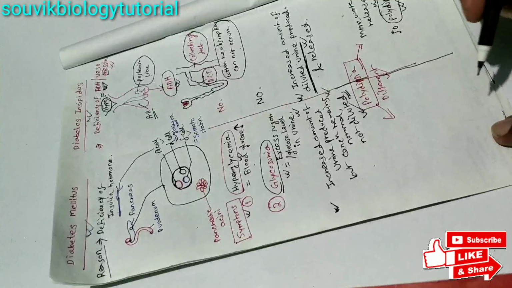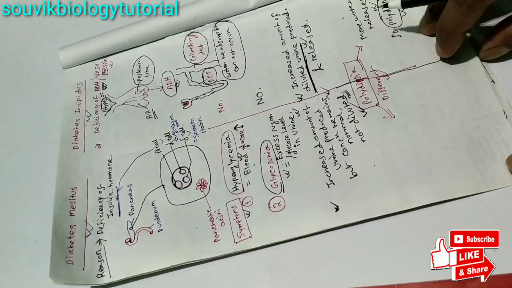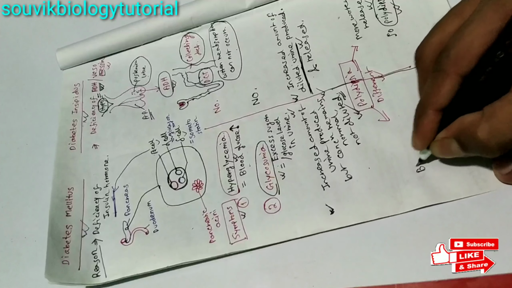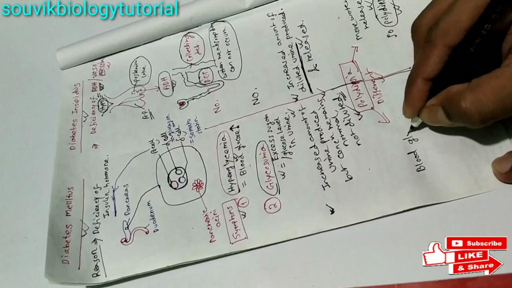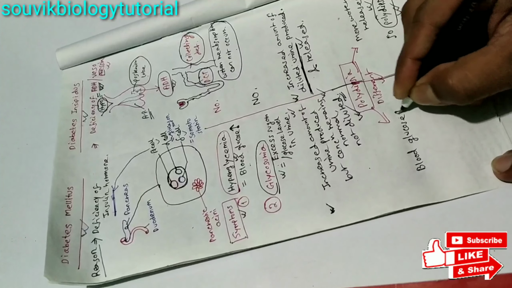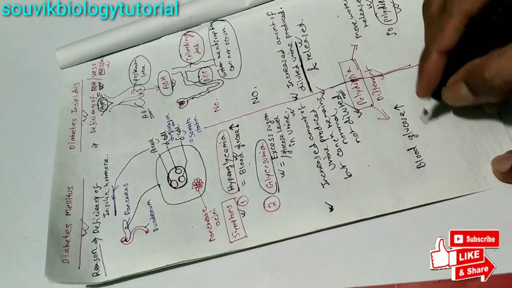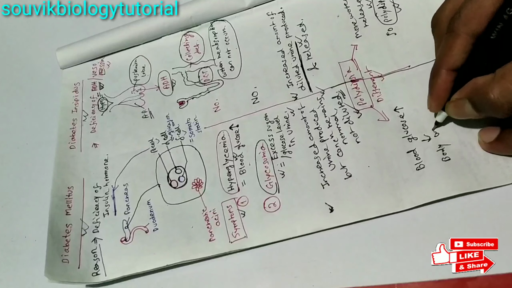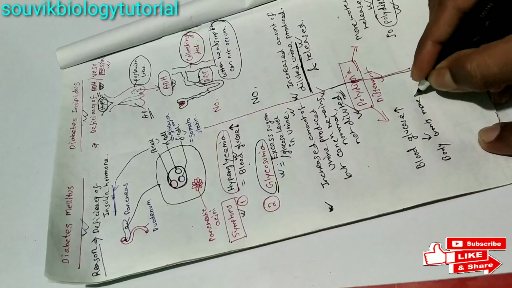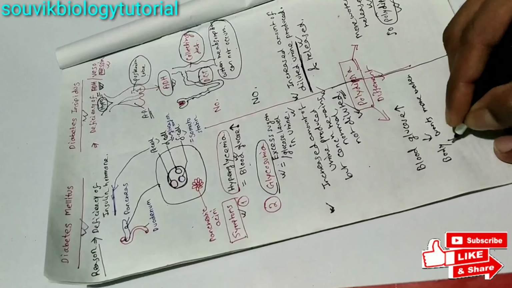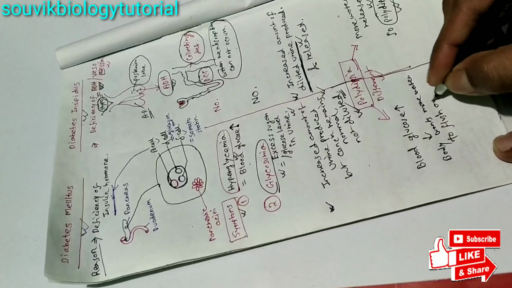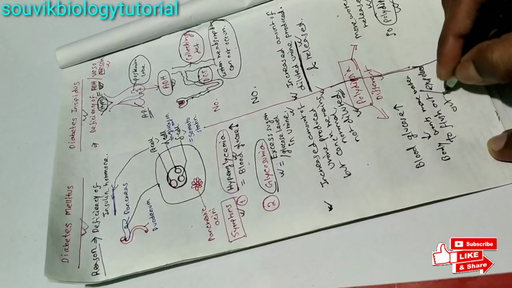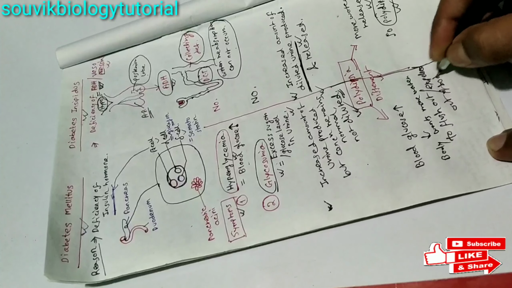Now, in diabetes mellitus, polydipsia also occurs, but the reasons are different. Why? Because here blood glucose level is high. Blood glucose level is high. So, our body wants more water to flush out or expel glucose out of the body.